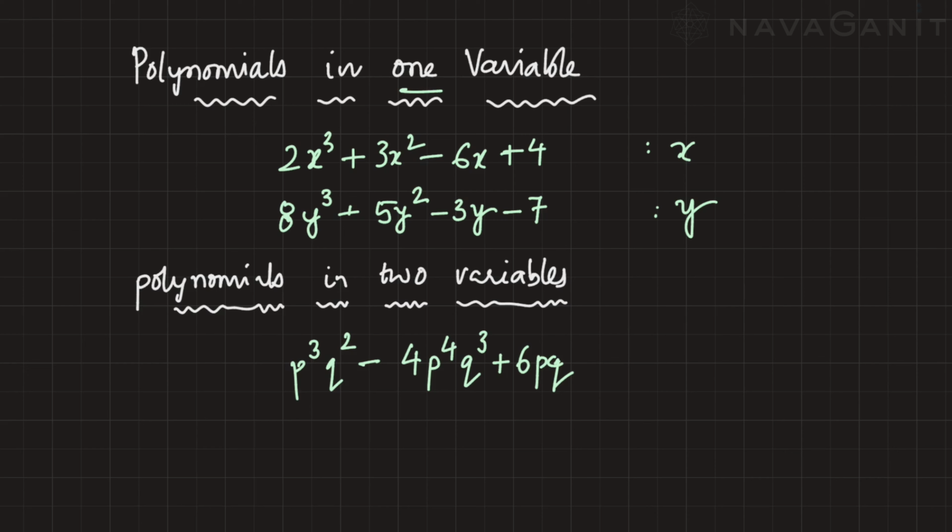Now this is a polynomial where the variables are p and q. So first of all, it is a polynomial because all the powers of the variables are non-negative integers, and there are two variables involved in this polynomial, p and q. So this is a polynomial in two variables.